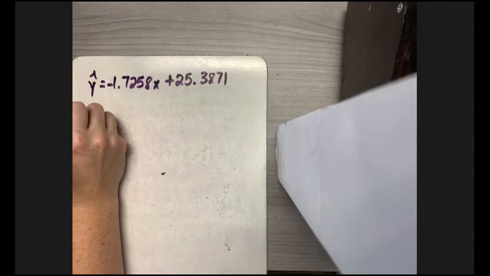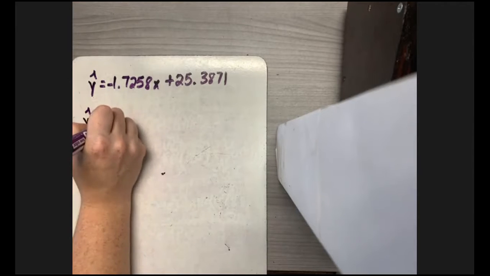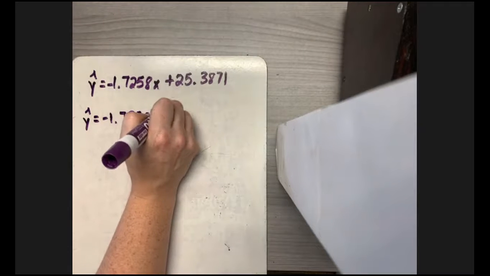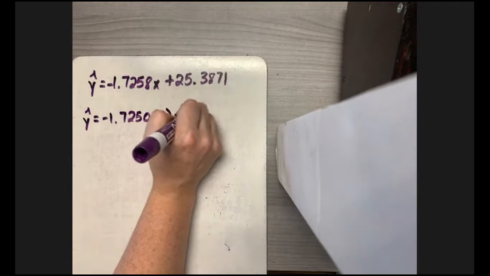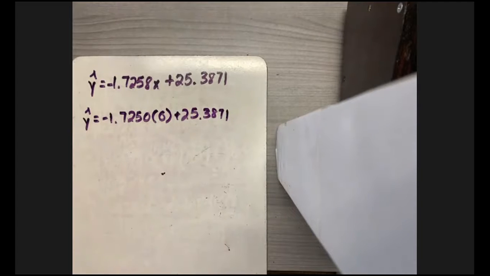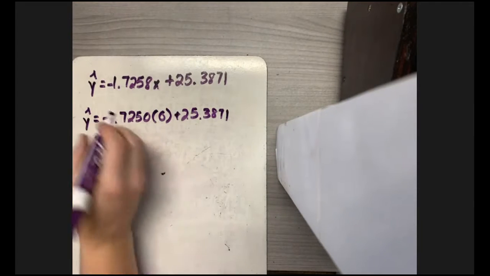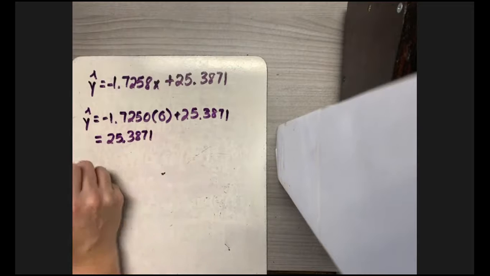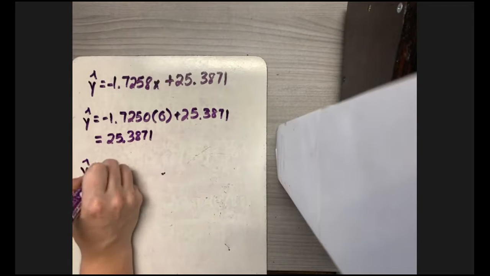So I've got y hat is going to be, and I'm going to, again, pick two numbers that are 0.2 apart. So I'm going to pick 0. And then I'm going to pick 0.2.